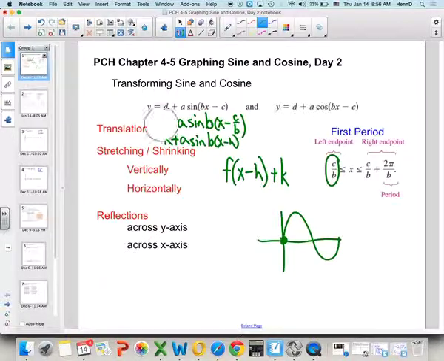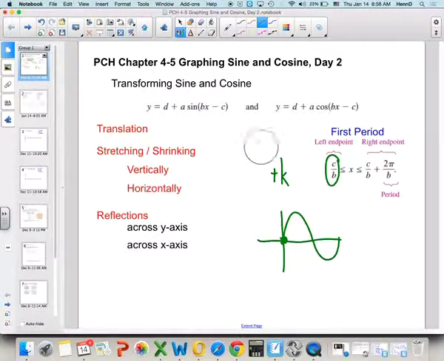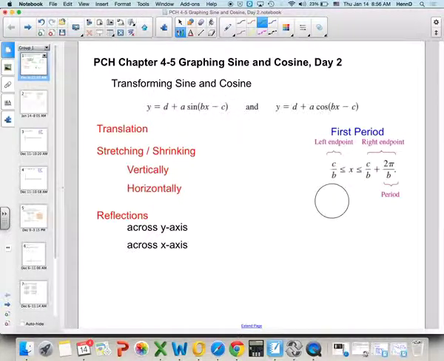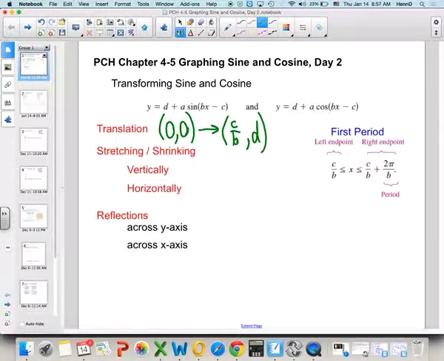Alright, so your horizontal shift, and actually your complete translation is your origin is going to shift to wherever c over b and d are, okay? So whatever c over b and d are.